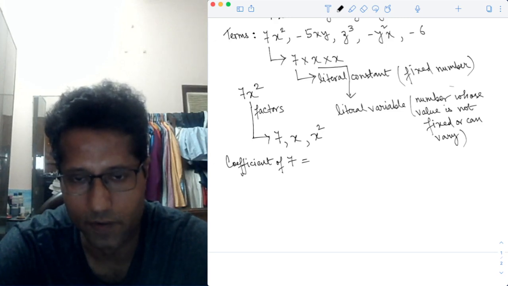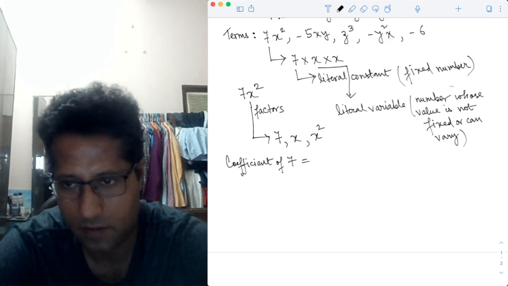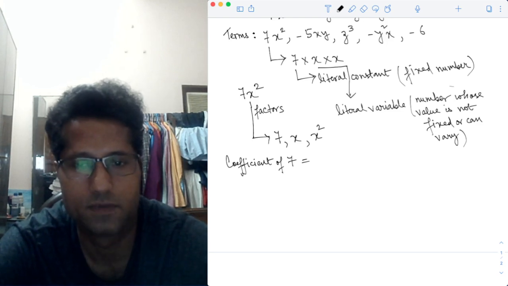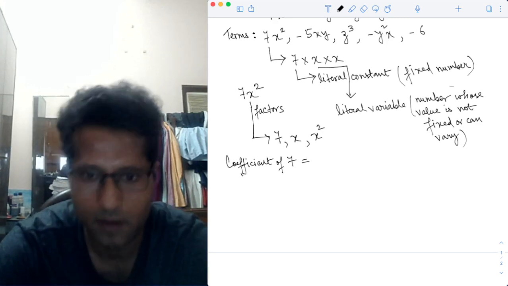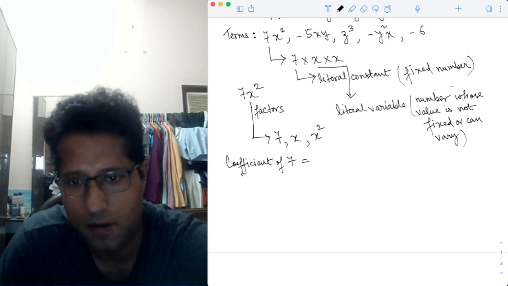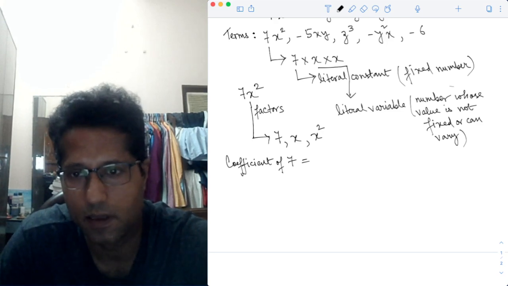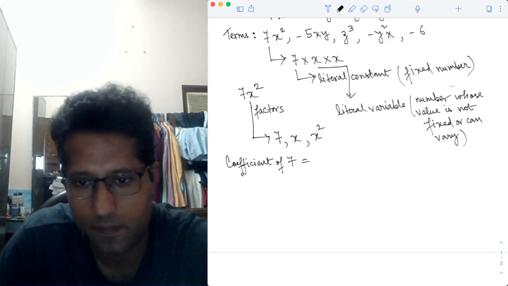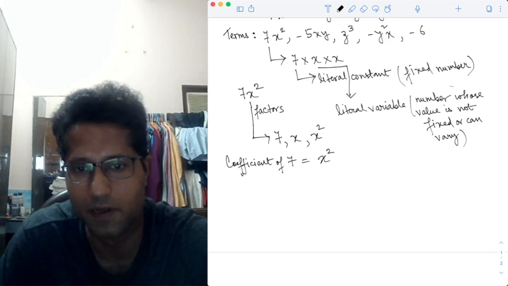We know that the term 7x square has the factors 7, x and x square. So we can ask what is the coefficient of 7 in the term 7x square, what is the coefficient of x in the term 7x square, or what is the coefficient of x square in the term 7x square. Now the coefficient of 7 in the term 7x square will be everything but the 7. If you leave the 7, then what remains in the term is x square.